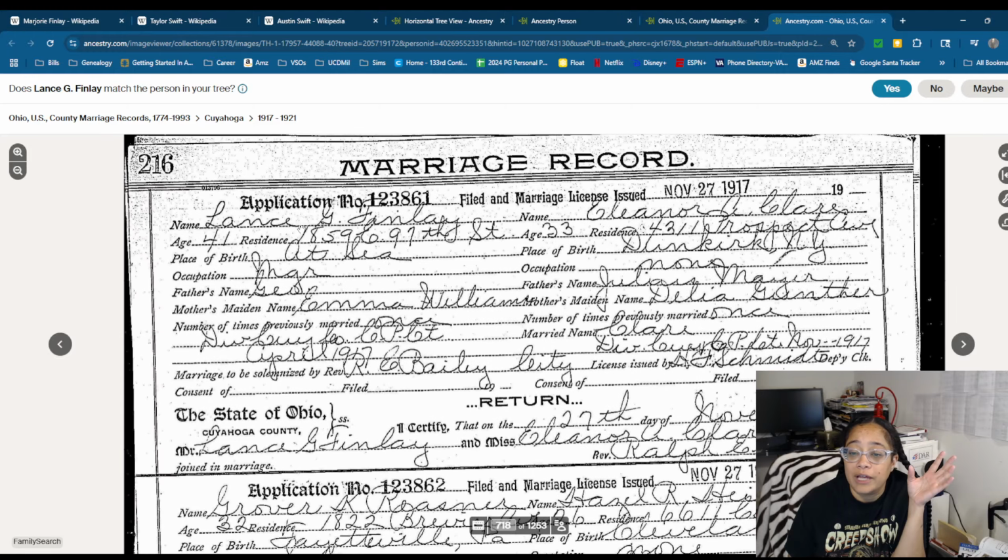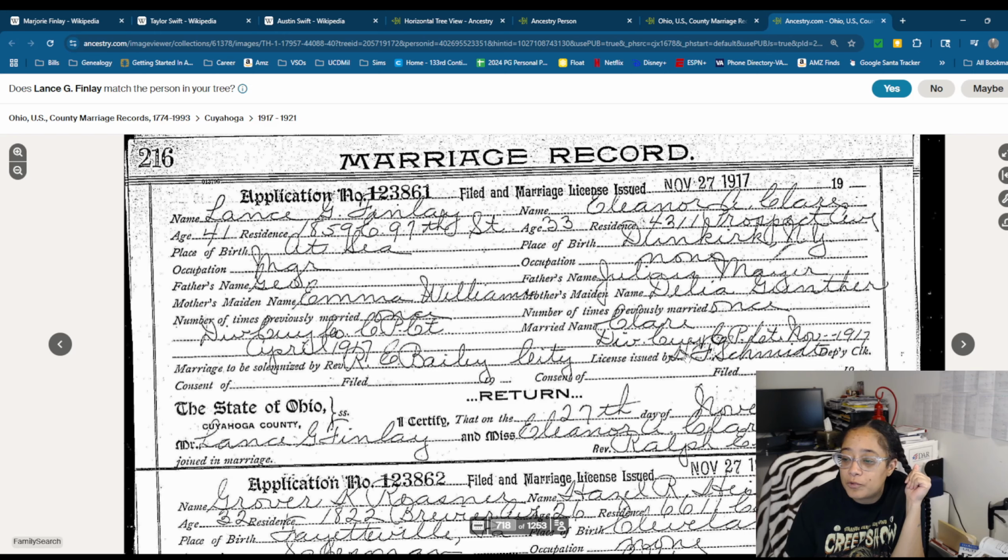So yeah, so Lance and Eleanor were married when he was 41 and she was 33. He was born at sea. Oh, that's awesome. And then she was born in Dunkirk, New York. Okay, so we've got some information here for sure, and they both had been married once before.